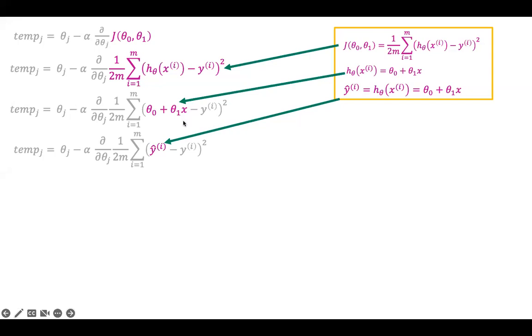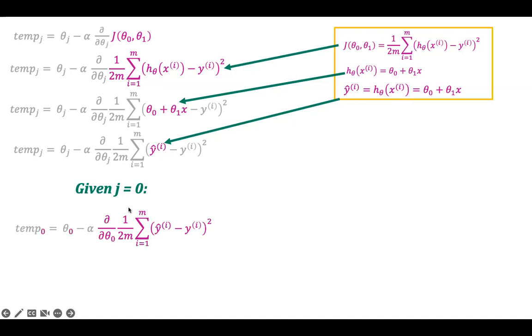We arrive at this, and we replace this again with y just to simplify the equation so we can understand it better. Now we want to get the partial derivative given a value j equal to 0 or j equal to 1.